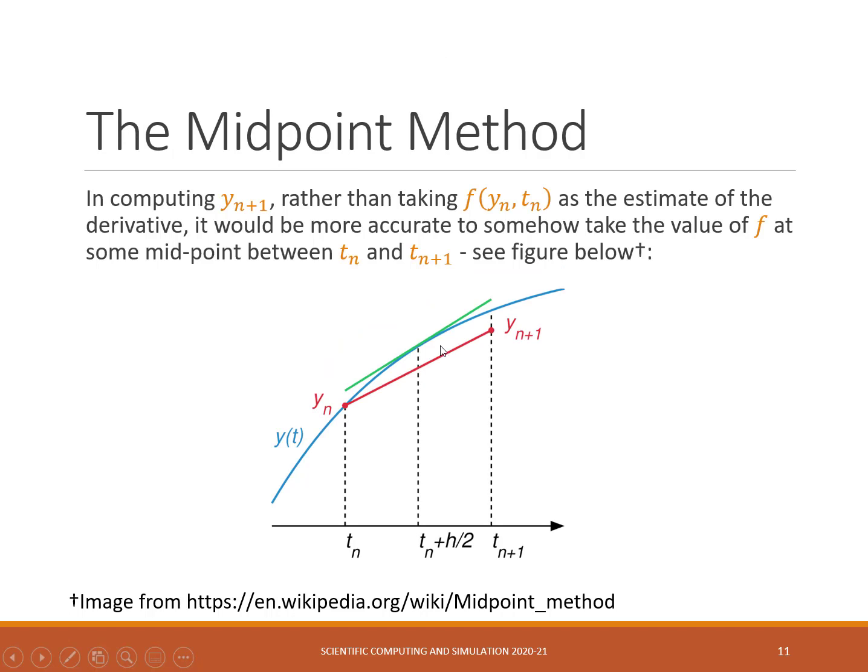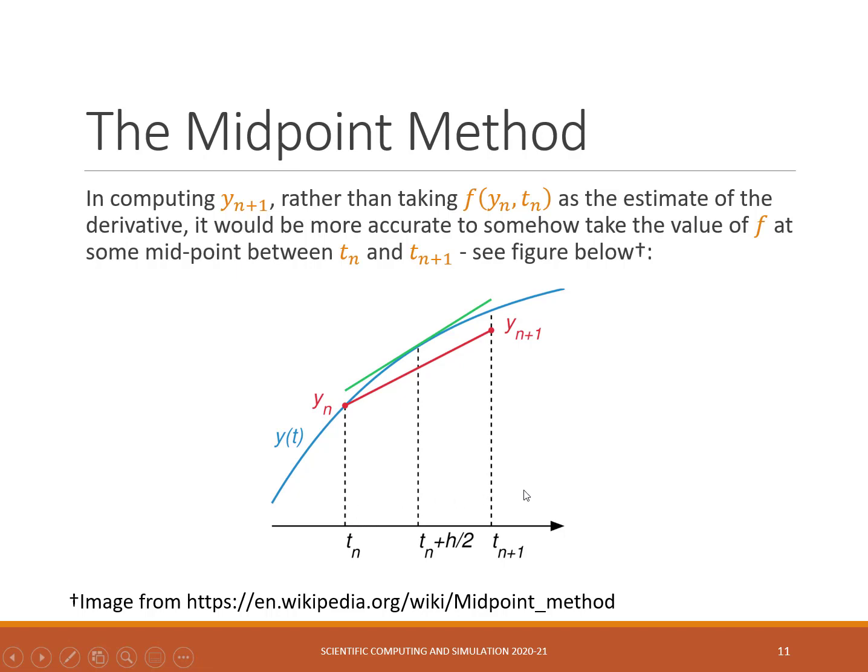To increase the accuracy of the Euler method, we can use another approach named midpoint. In this method, for computing y_{n+1}, rather than taking the value of function f at the point (y_n, t_n), it would be more accurate to somehow take the value of f at some midpoint between t_n and t_{n+1}.